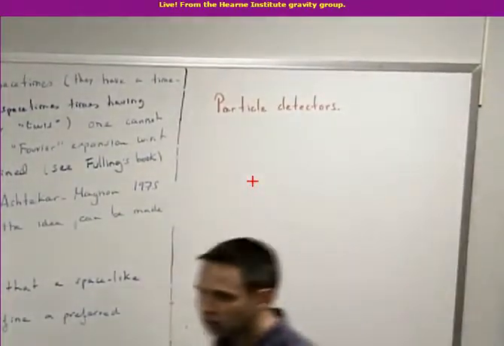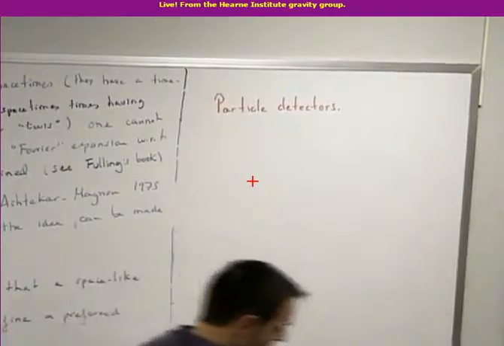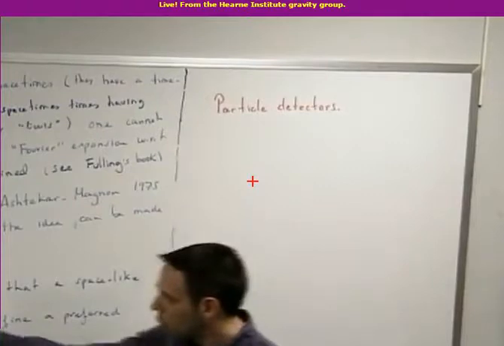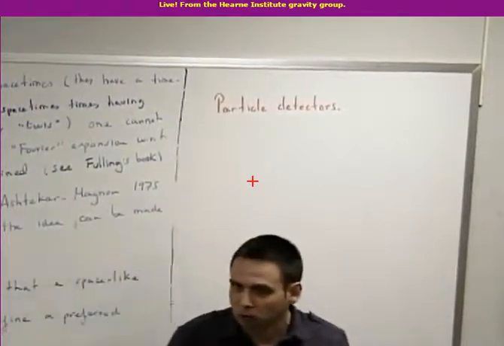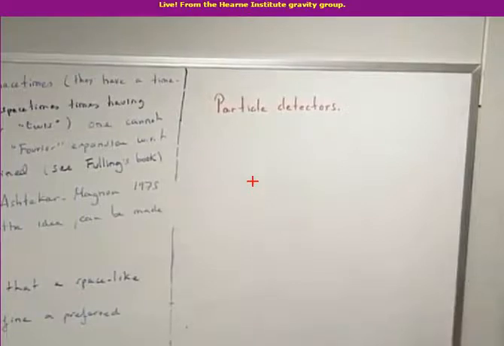In this section, I'm going to introduce what we call particle detectors in field theory, in such a way that what we call a particle will be what this apparatus is able to detect. This is what our normal intuition tells us.